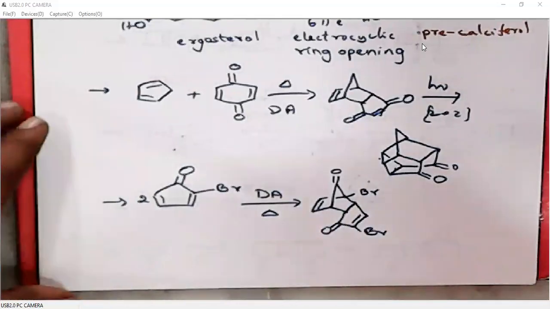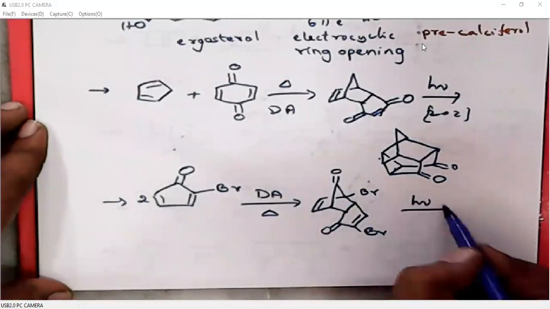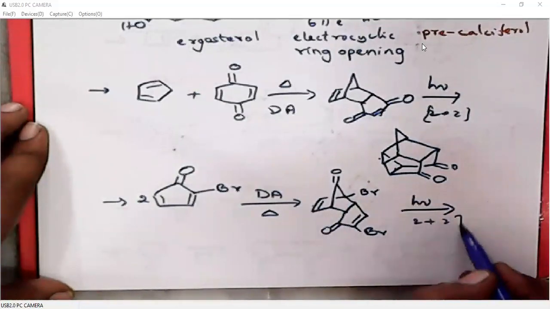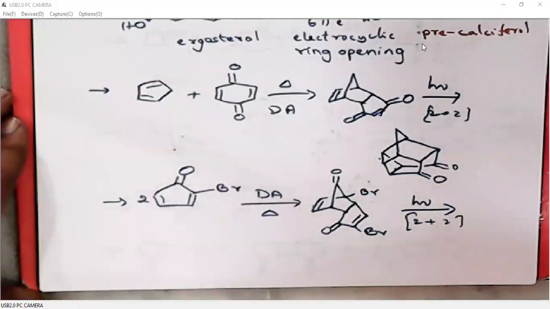When it is treated under photochemical conditions, again we have two double bonds, so it will undergo a 2+2 cycloaddition. Now, how do we write the product? That is very important. Please watch this carefully.